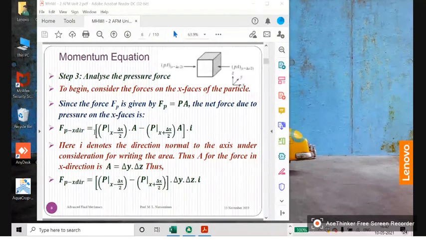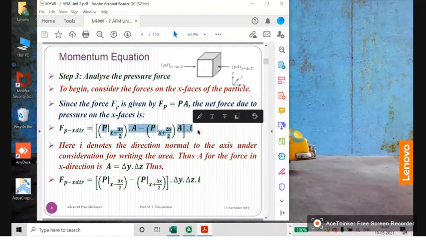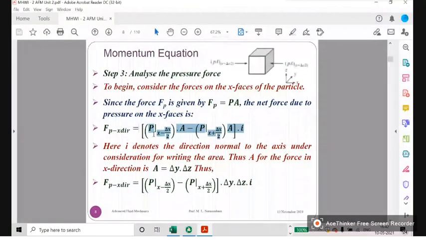See here, are you seeing this, which I have highlighted? Yes, sir. So this indicates the P at x minus delta x by 2 into area minus the pressure at x plus delta x by 2 into area. That is the net force. Sir, the stress acts on both sides, then net force will be zero.